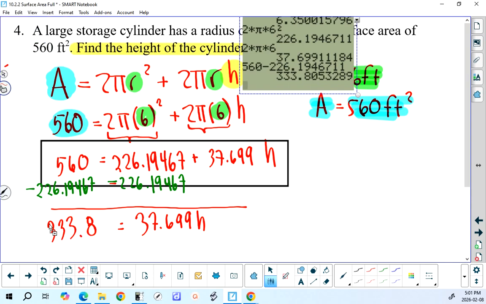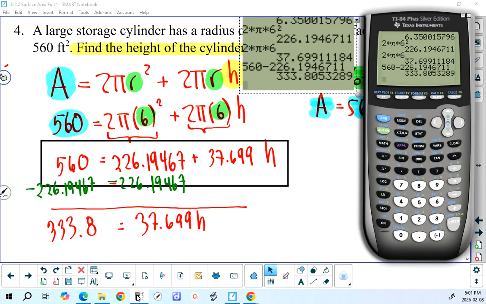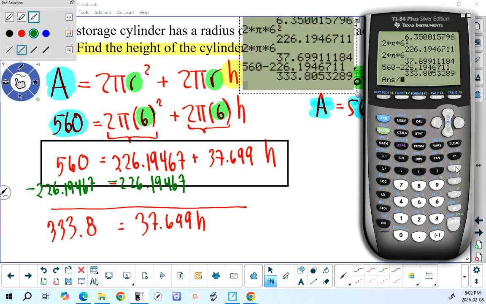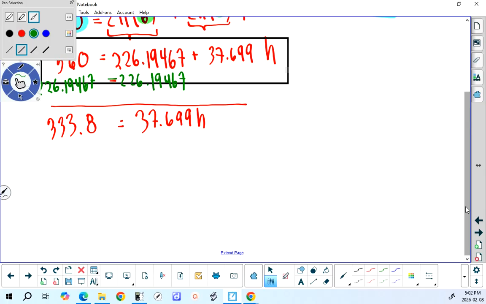And now I have to take that number that is on my calculator right now and divide by that 37.699. So this is what I am doing. I'm dividing by the 37.699.